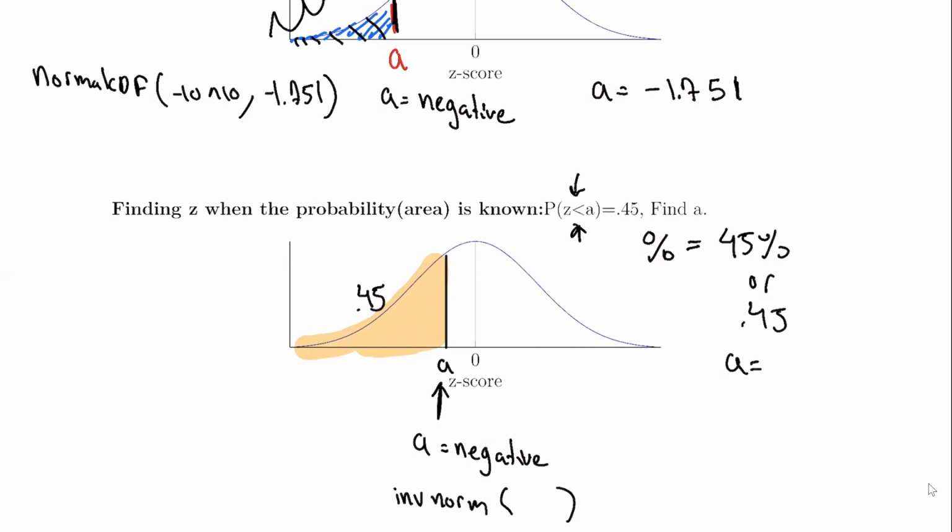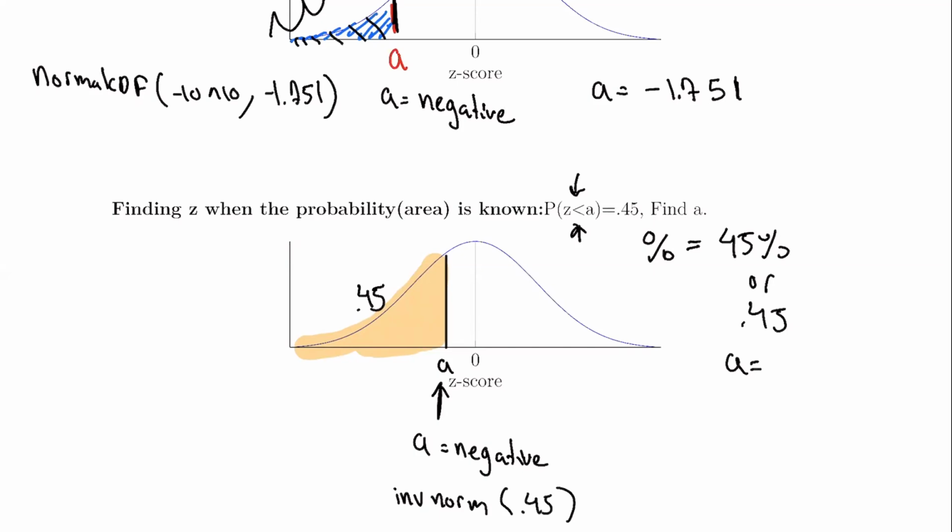All right, so for inverse norm, what should I say the probability to the left is? Cool, good job, 0.45. For this one, you never want to say infinity, because you don't want your probability to go to infinity. It should always be somewhere between 0 and 1. So for this one, we're going to put 0.45.